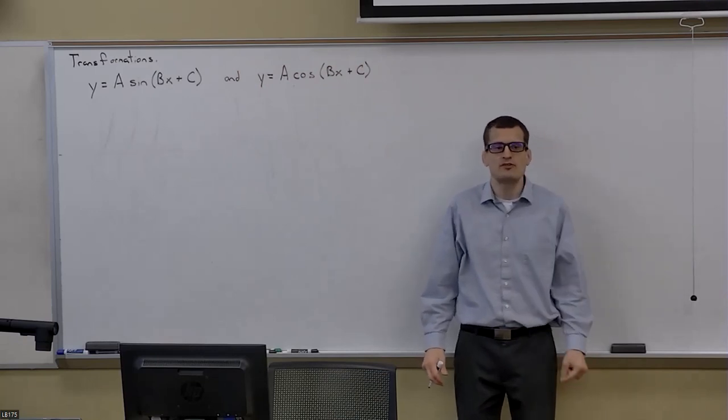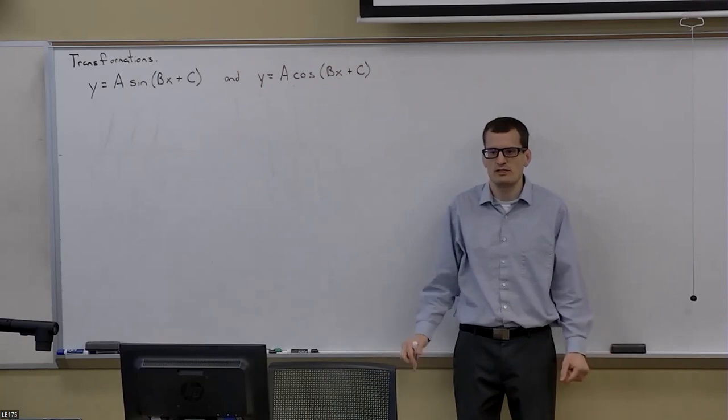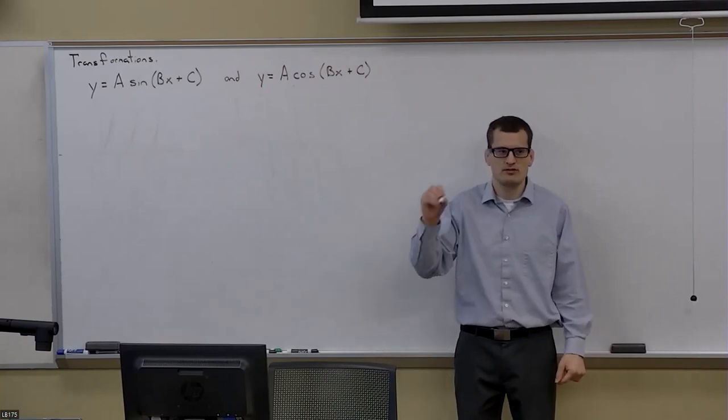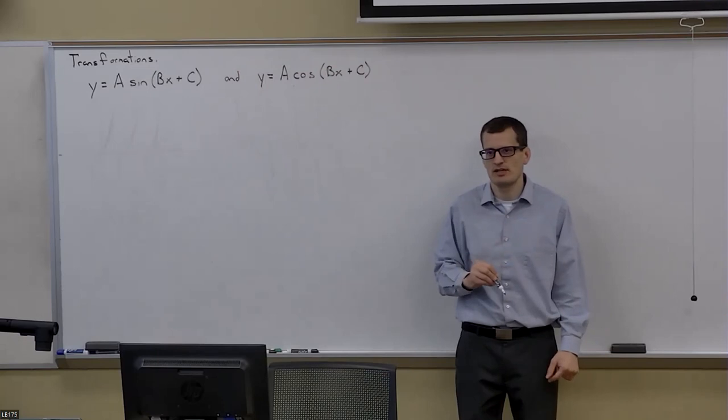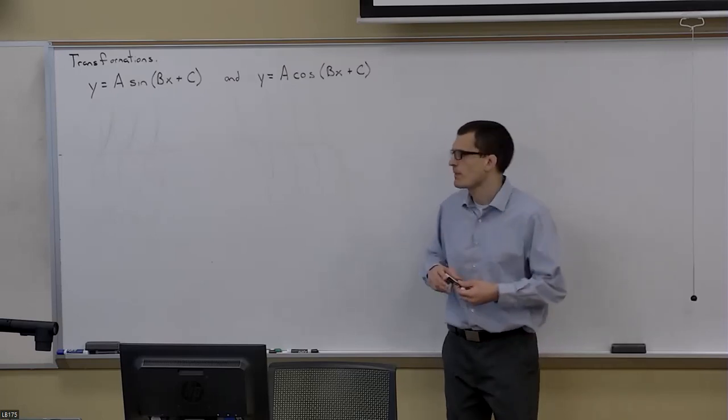Sometimes these two functions are called functions of harmonic motion. Harmonic meaning we're having these traveling in waves. Does that make sense? So if you ever hear harmonic motion, that's what we're talking about.